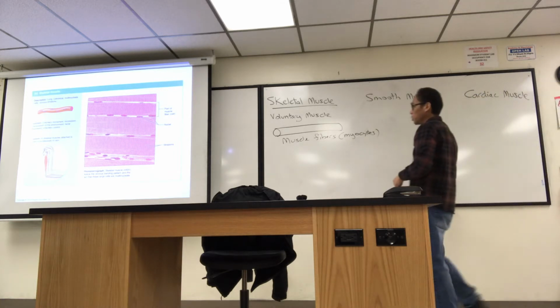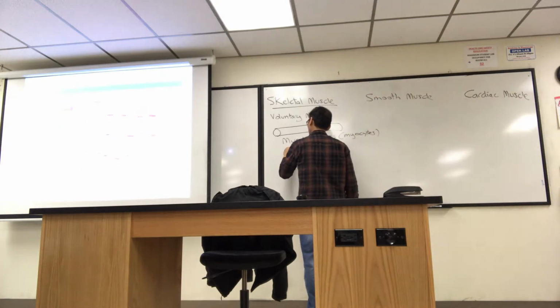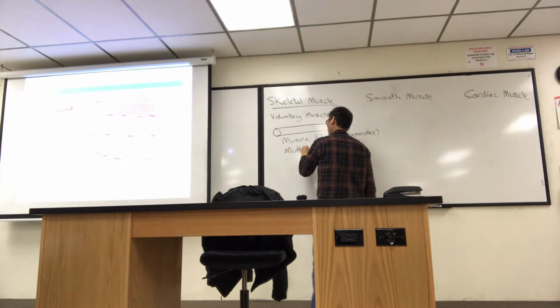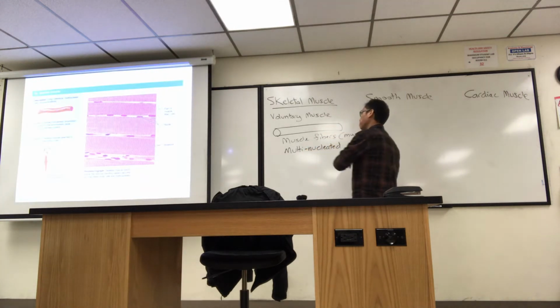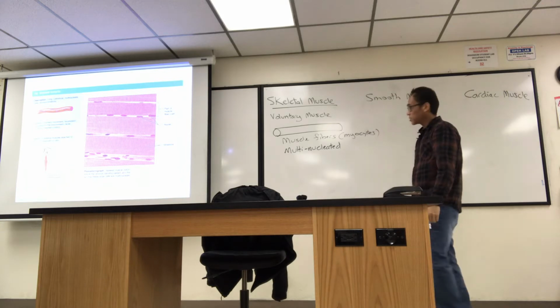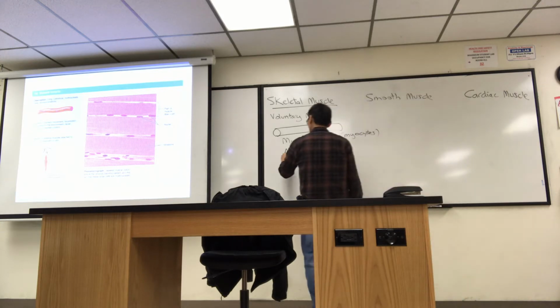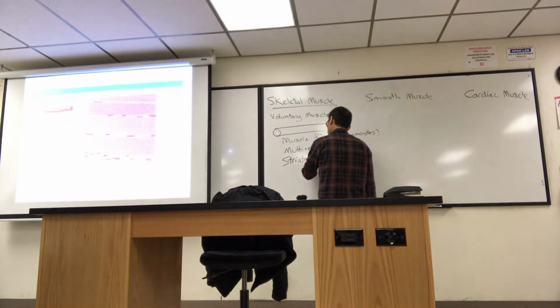They're also multinucleated. And I would say the most important thing to look for in skeletal muscle is its striped appearance, or striated appearance. Striated means striped.